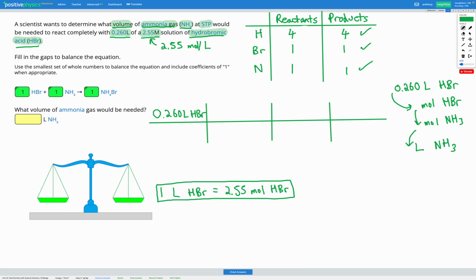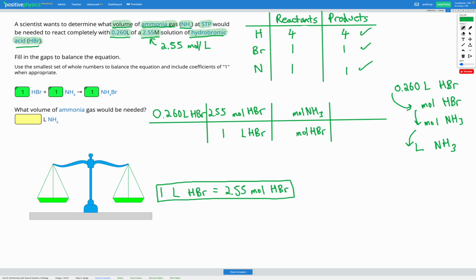So I'm going to have liters of HBr on the bottom because that's what I'm trying to get rid of. I'm going to have moles of HBr on the top because that's what I'm trying to find. And I'm using this conversion factor so that 1 liter of HBr equals 2.55 moles of HBr. For my next step, I want to get from moles of HBr into moles of NH3. So I'm going to have moles of HBr on the bottom so that that will cancel out, and moles of NH3 on the top.